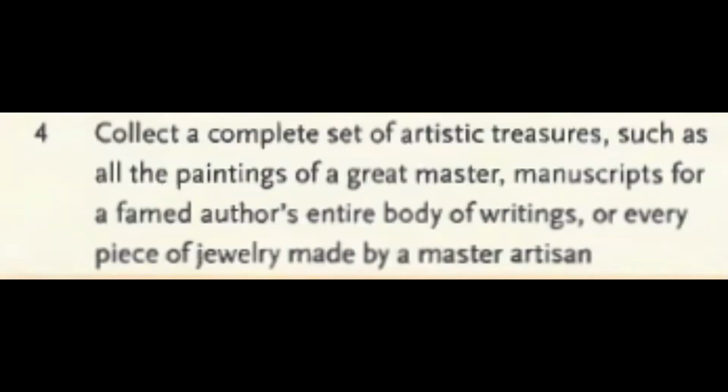And that was number 4. Number 4 says, collect a complete set of artistic treasures, such as all the paintings of a great master, manuscripts for a famed author's entire body of writing, or every piece of jewelry made by a master artisan.